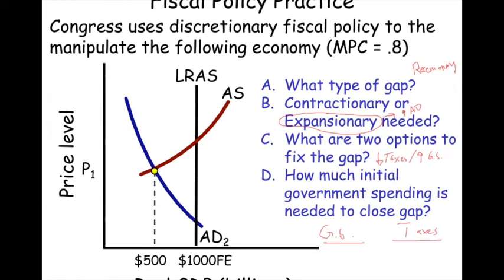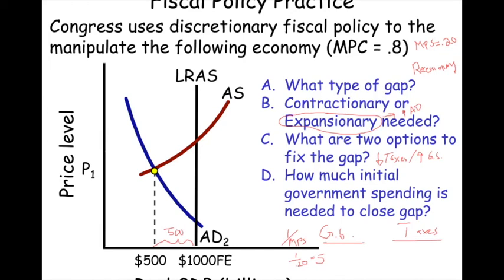Okay, and since I know my MPC is 0.8, I know my MPS is 0.2. I know my formula for this one is 1 over the MPS, which is 1 over 0.2, which means my multiplier is 5. Okay, so how much are we short? Well, over here, we are short 500.